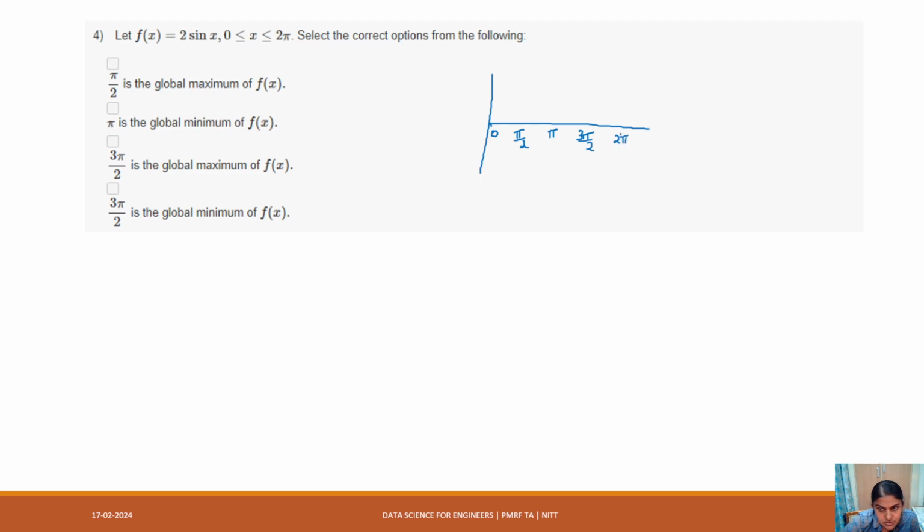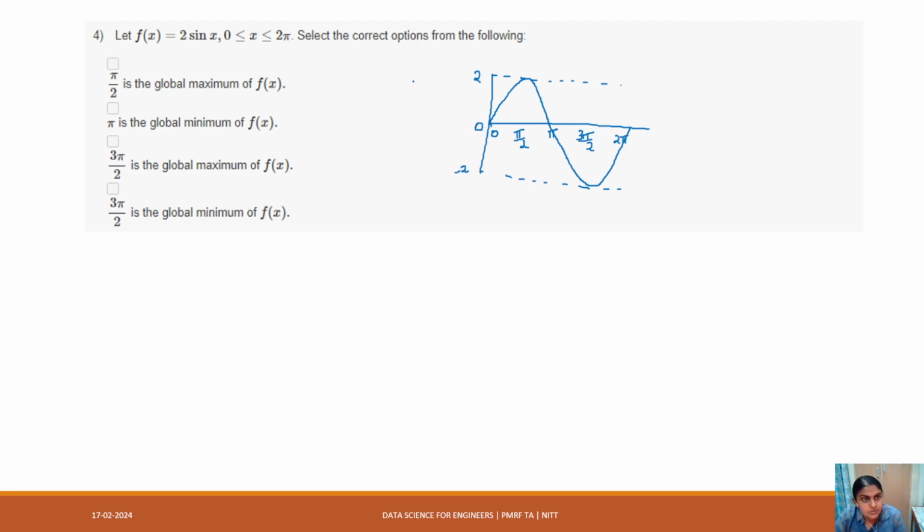Since it's 2 sin x, the values vary between plus 2 and minus 2. The sine graph starts from 0, reaches maximum at pi by 2, then 0 again, then reaches the negative maximum, and then 0 at 2 pi. So this is plus 2, this is minus 2, and this is the 0 value.